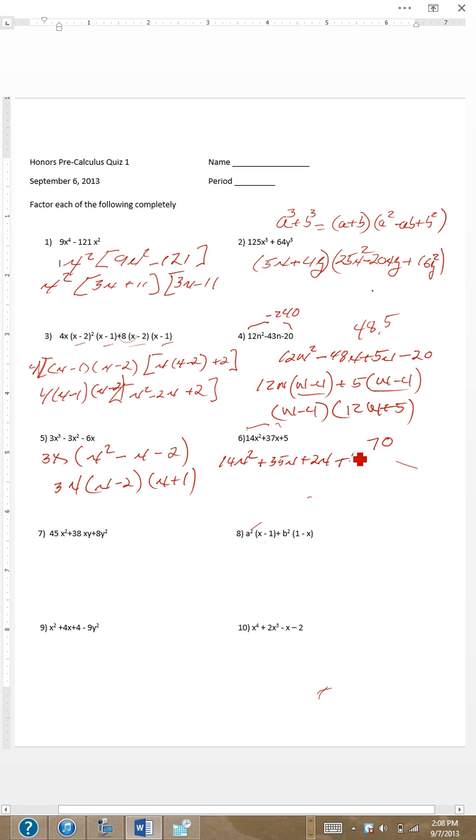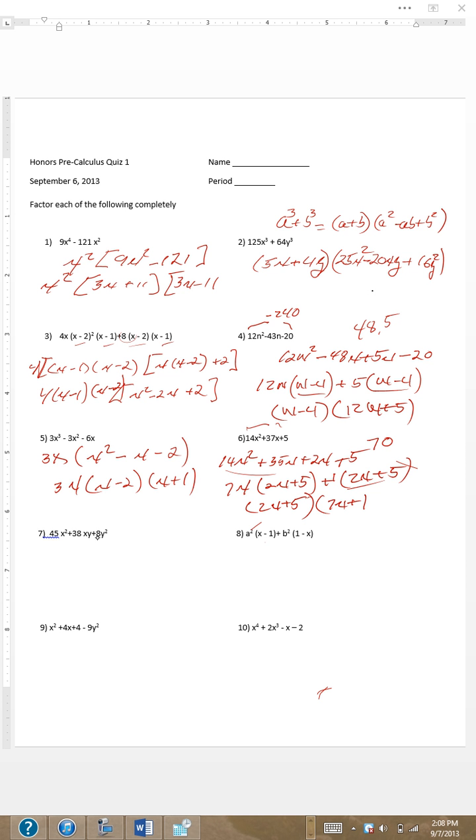Plus 5. Split it. Factor by grouping. First two, common factor 7x. When removed, 2x plus 5. Plus common factor of 1, remaining 2x plus 5. Common binomial factor 2x plus 5, common to 7x plus 1. So 1 understood there. Done.